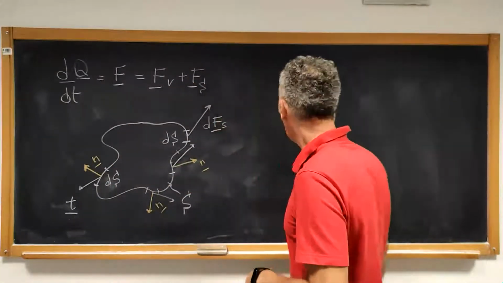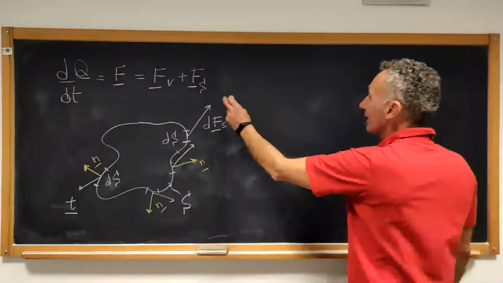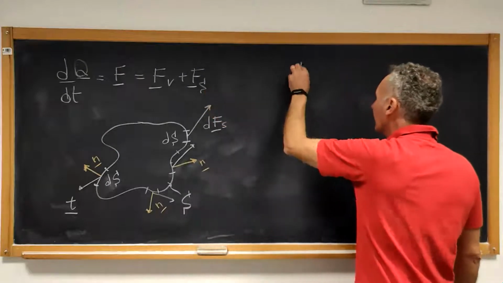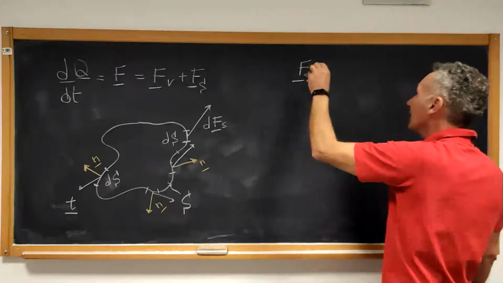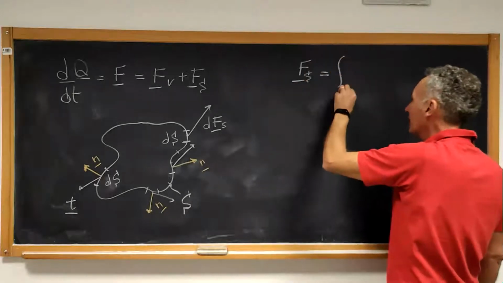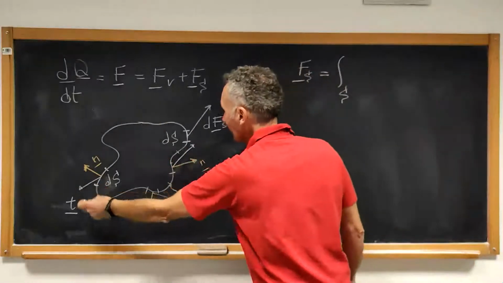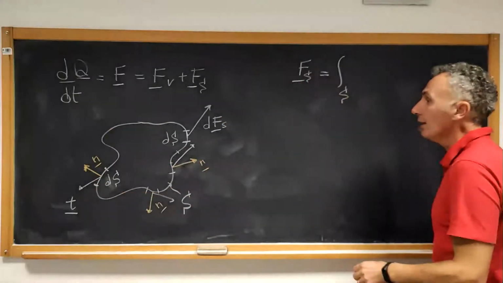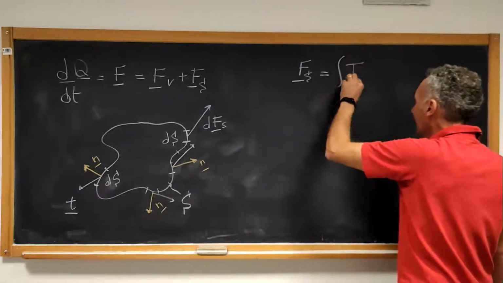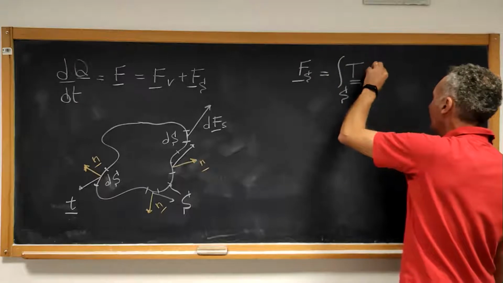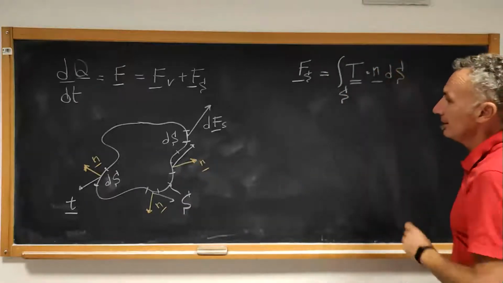So something we have put forward last time is that this force vector is written in this way: integral over S, being S the outward, the material surface, of a tensor dot n ds.